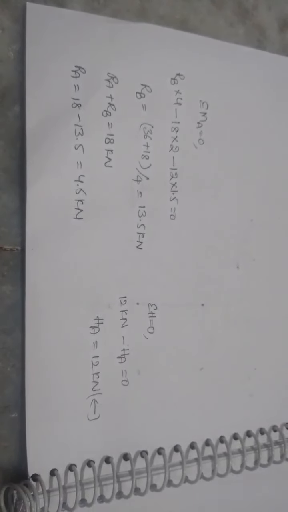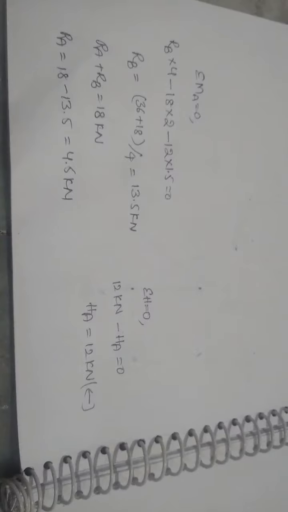From that I got the RB value as 13.5 kilonewtons, and we know the sum of the vertical forces equals the sum of the vertical reactions. So RA plus RB equals the total vertical force, 18 kilonewtons. So RA equals 18 minus RB, 13.5, so I get the value of RA as 4.5 kilonewtons.